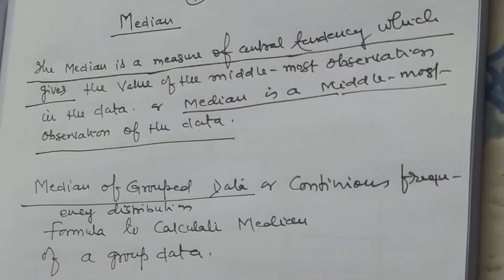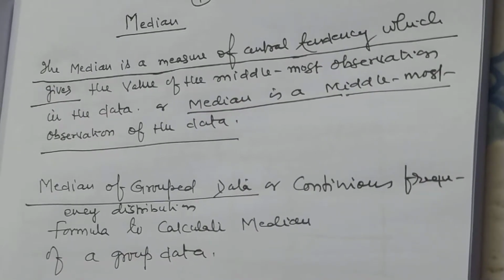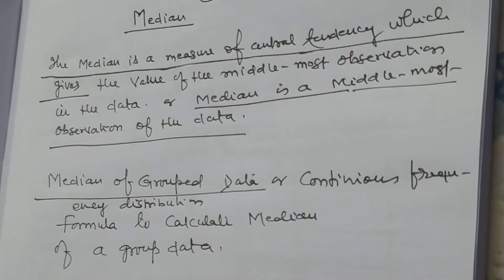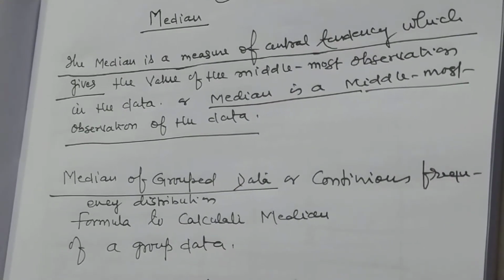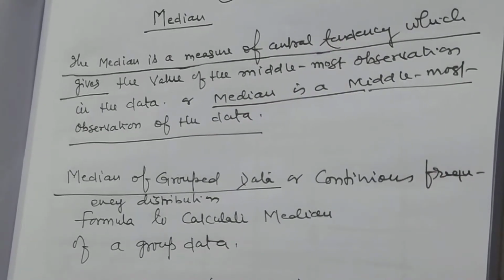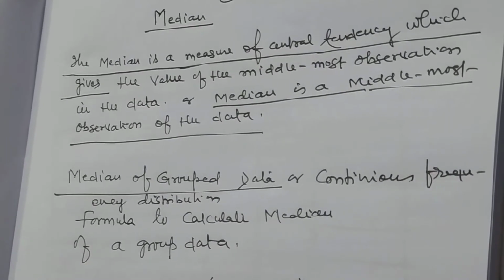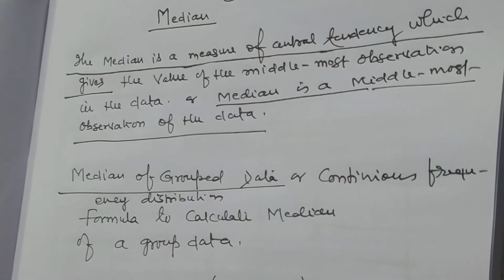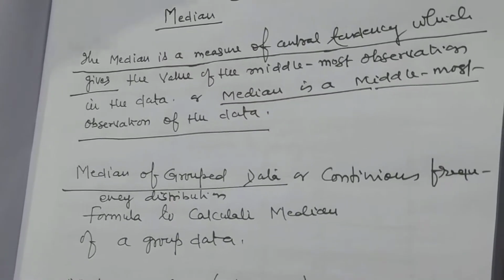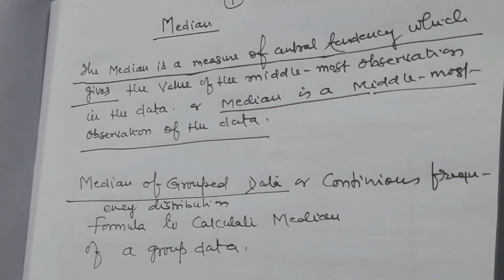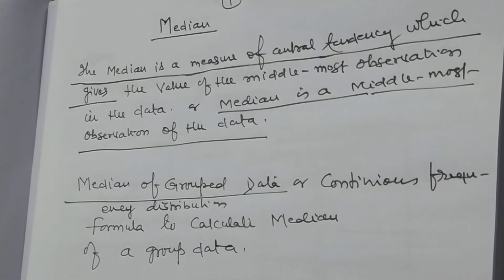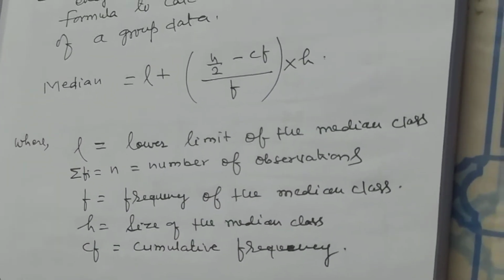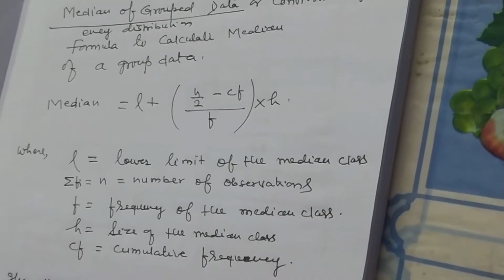The formula by which we calculate the median of the continuous frequency distribution or group data is: median is equal to L plus (n by 2 minus cumulative frequency CF) divided by F into H, where L is equal to lower limit of the median class, sigma Fi is equal to n, sum of frequency, number of observation, and F is frequency of the median class, H is size of the median class, and CF is cumulative frequency.